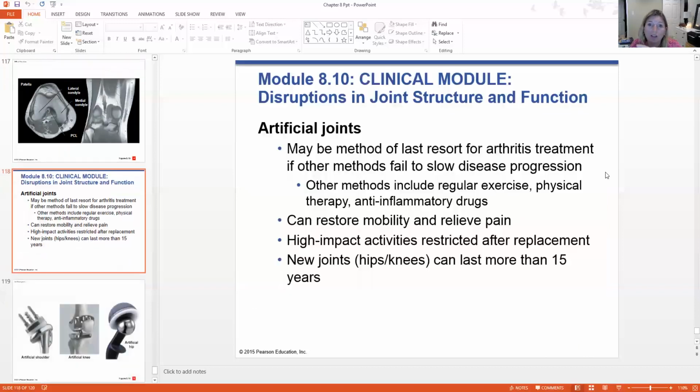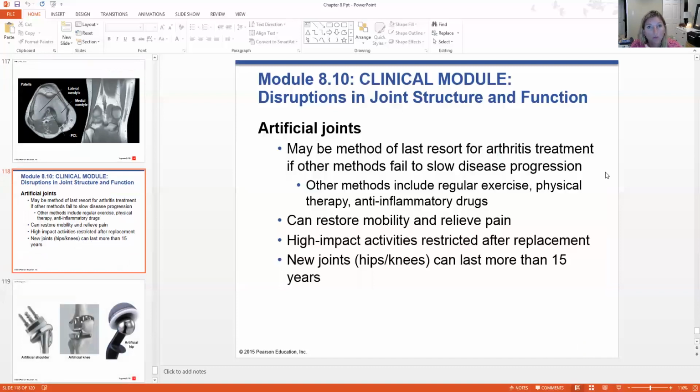Artificial joints are usually the last resort for arthritis treatment. Typically, what they'll suggest for arthritis is regular exercise, anti-inflammatory drugs, physical therapy even. But artificial joints can restore mobility as well as relieve pain.